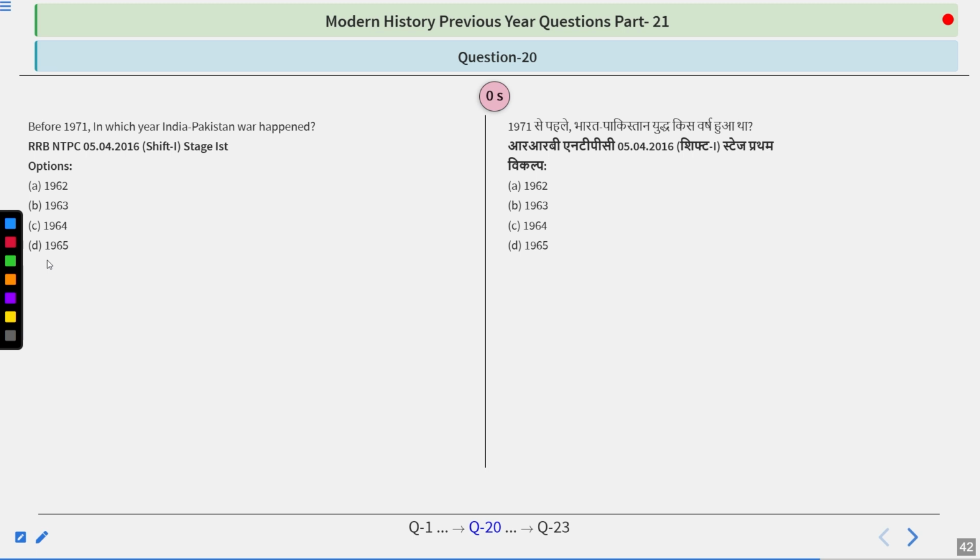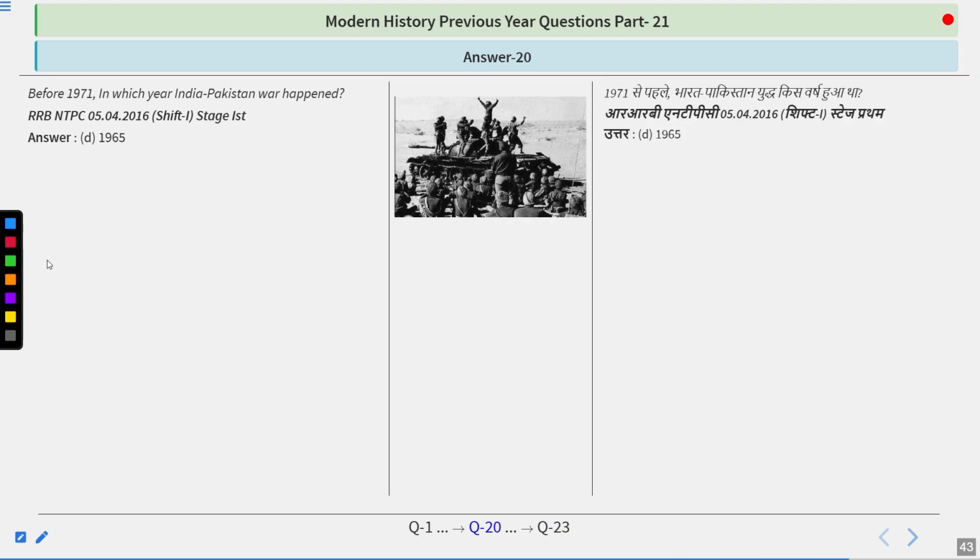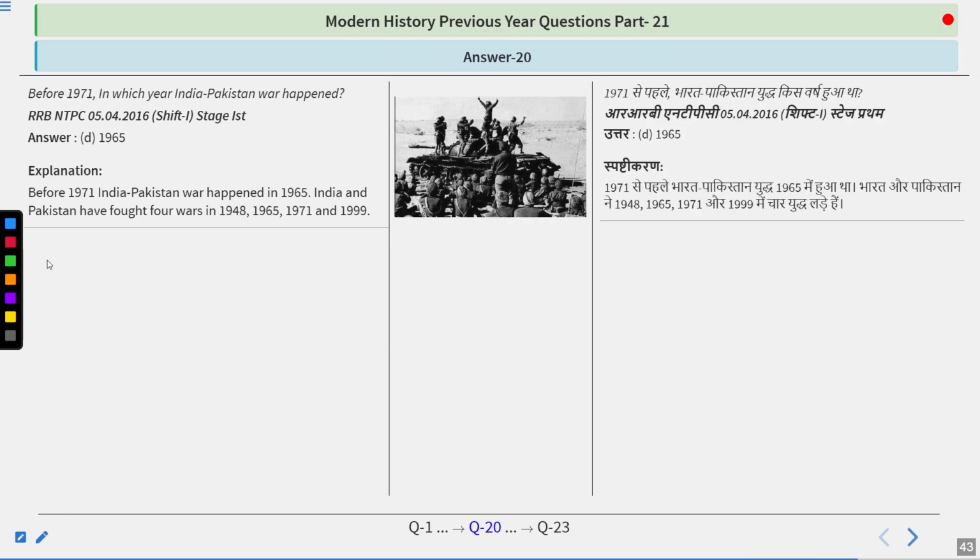And I guess once again the answer you are looking for is quite right, because the answer is 1965. So before 1971, the India-Pakistan war happened in 1965. India and Pakistan have fought 4 wars: in 1948, 1965, 1971 and 1999.